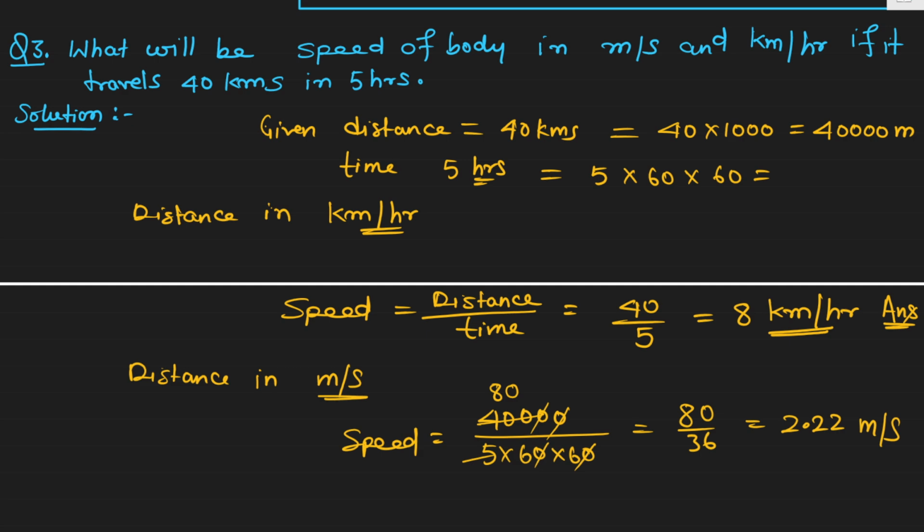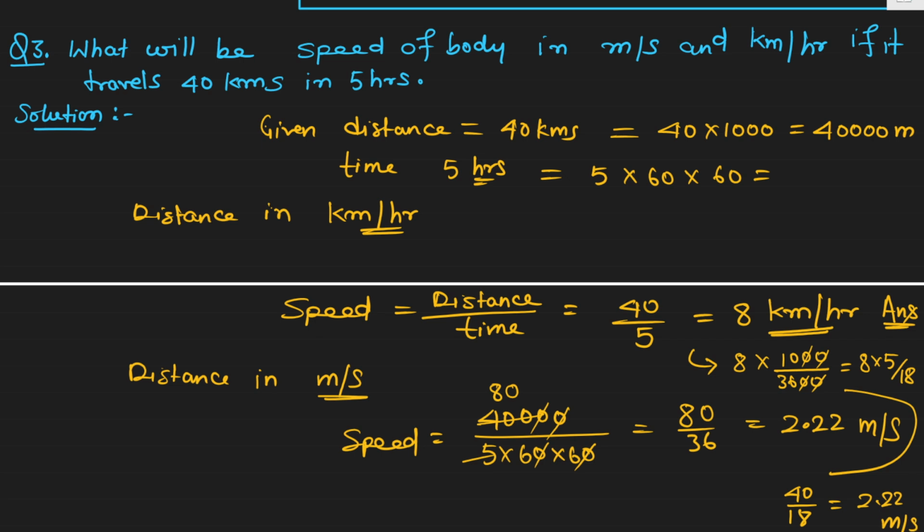Or directly we can change the answer only. So here 8 kilometer per hour means 8 into 1000 upon 3600. So the zeros cancel, 8 into 5 upon 18, which is 40 upon 18, approximately 2.22 meter per second.